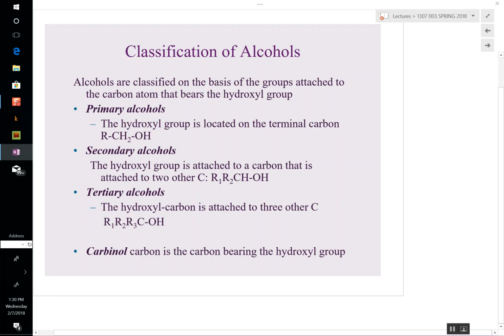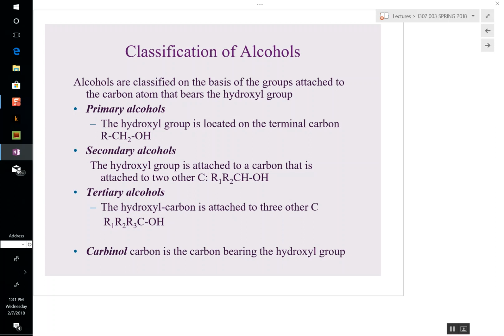Okay, classification of alcohols. Primary, secondary, tertiary alcohols. You saw these terms come up in chapter 10, yes? Remember? And I said, you can ignore this for right now. It talked about a primary carbon, a secondary carbon, and a tertiary carbon. And I said, we're going to talk about that with respect to alcohols. Number one, you'll understand it clearer.